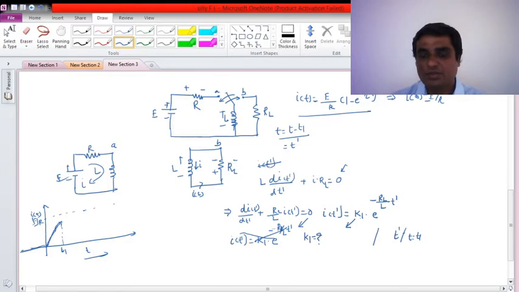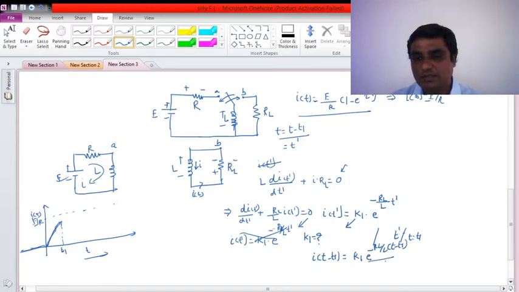So now what will it be at t is equal to t1? This will be I of t minus t1, which will be k1 e raised to minus RL by L into (t minus t1). If I evaluate at t equal to t1, this part is e raised to 0, which is 1, and k1 will be whatever the current is at I of t1.